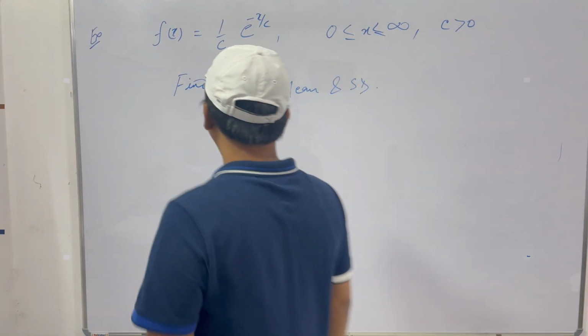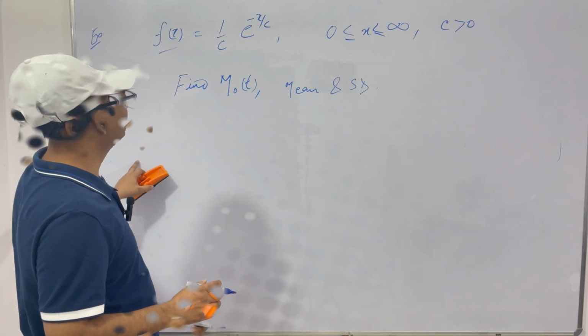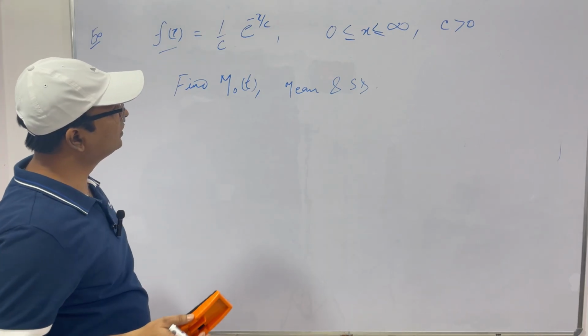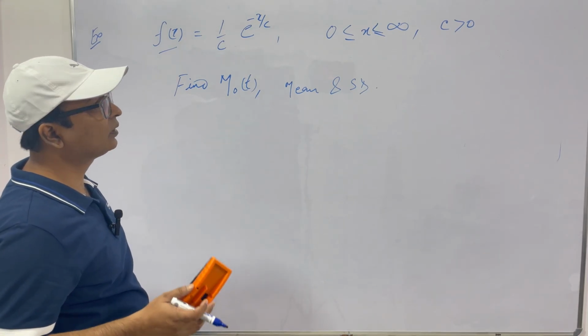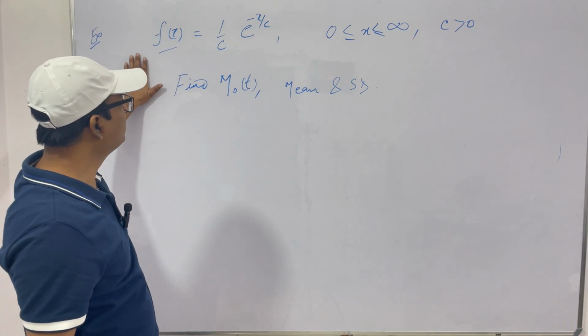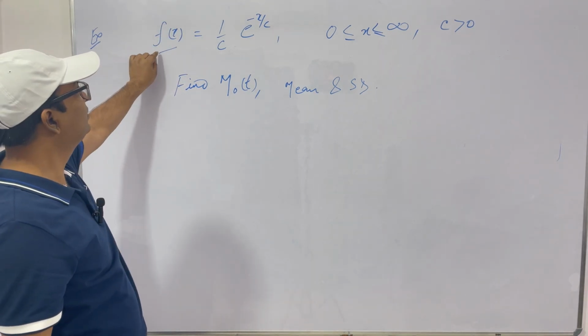Clear? Now we have a very standard question for moment generating functions. If you are doing engineering, a course in computer applications, or a bachelor's in science degree, most of the questions in your semester examinations will be like this only.